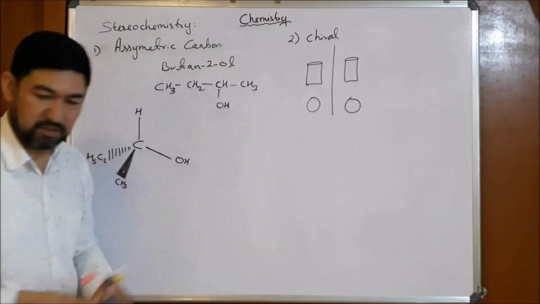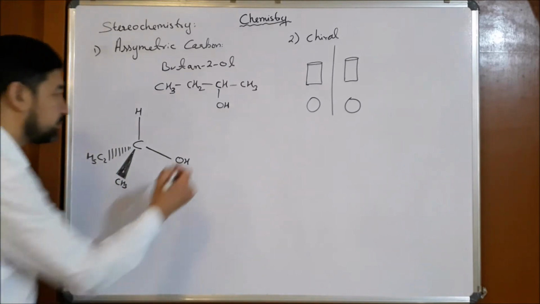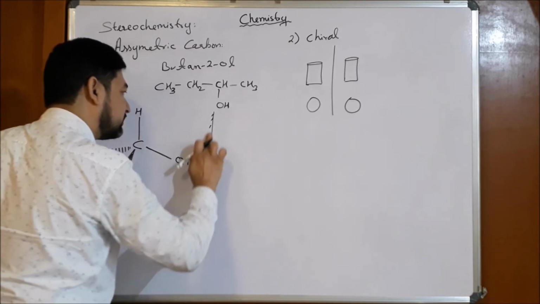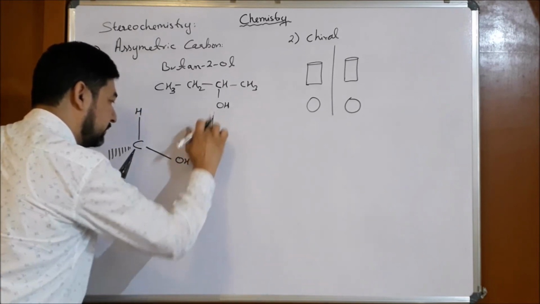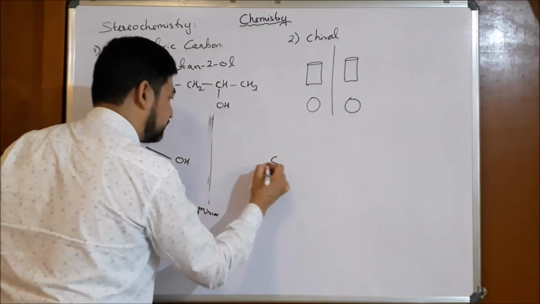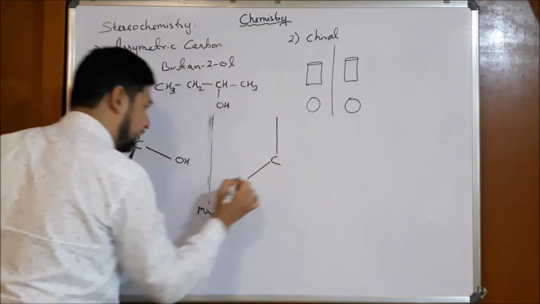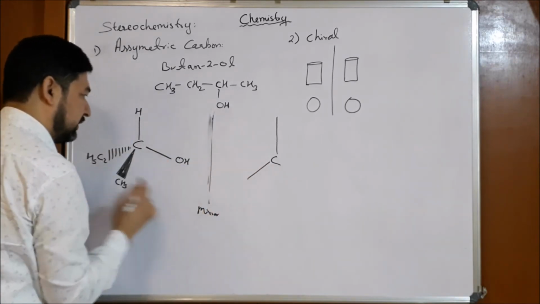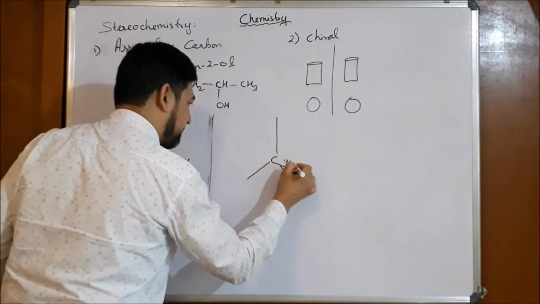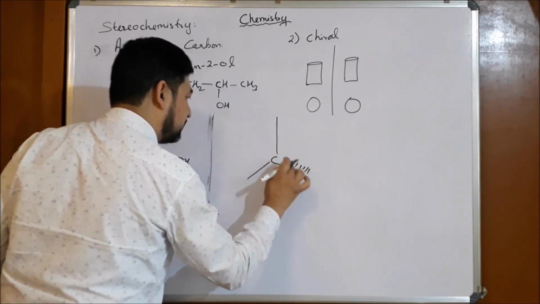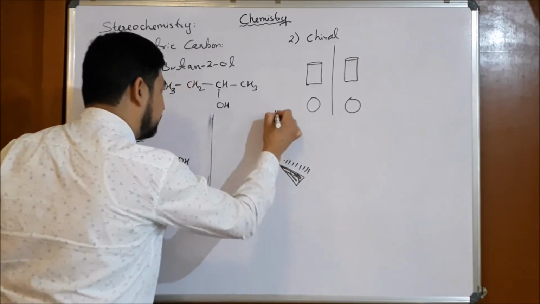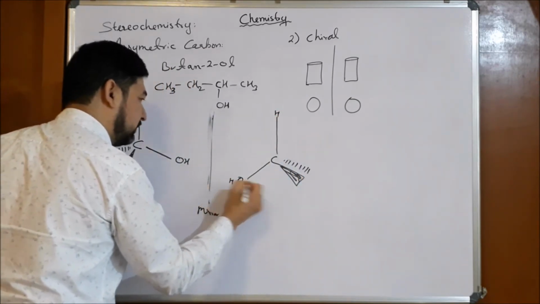I'll draw another structure here. This is a mirror, and its mirror structure will be drawn like this. This is below the plane, above the plane. H will be here and OH will be here.